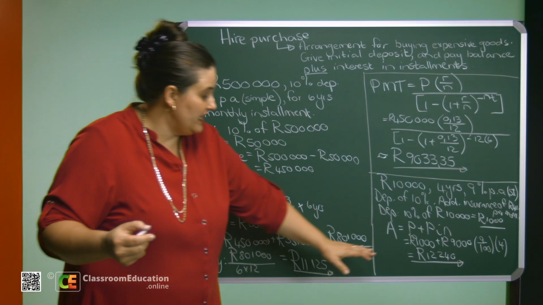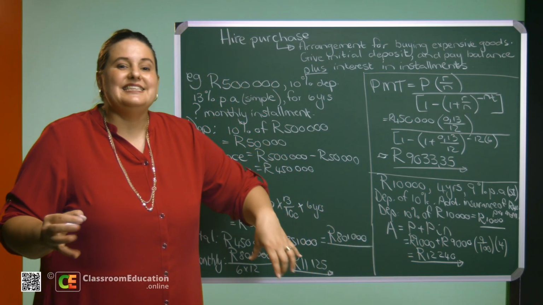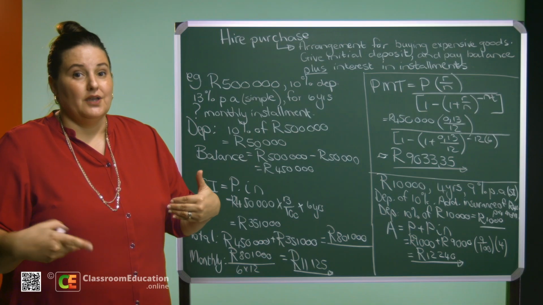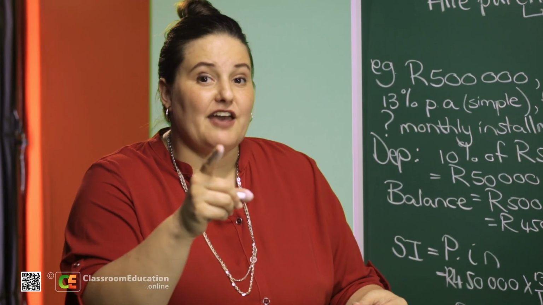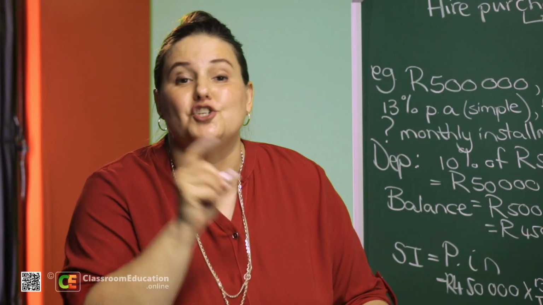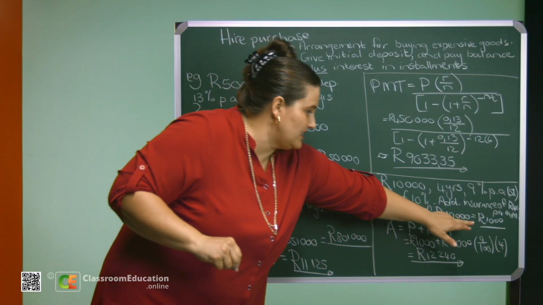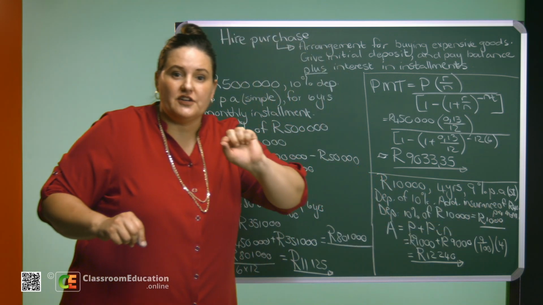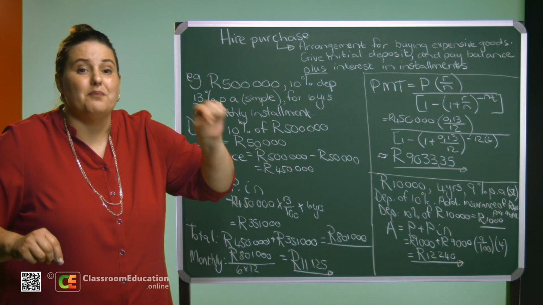Okay. So now I need to determine my monthly installment. It means that you need to take this amount and divide it by the amount of months in 4 years. But there's a catch. They have added an additional insurance, so there's an extra 40 Rand that you still need to pay additionally per month.